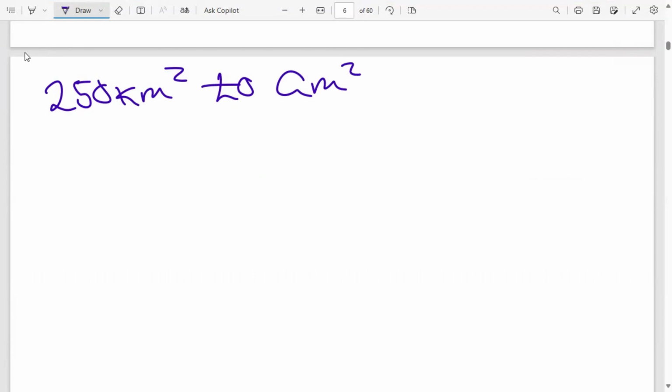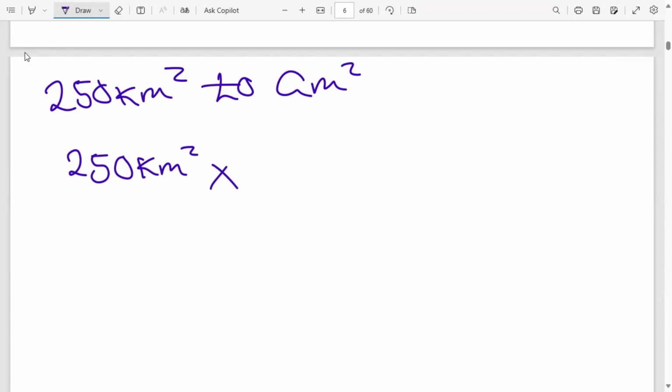Whenever we're converting units with squares, we are supposed to just introduce a square on our original conversion factor. So I'll say 250 kilometer squared like that. And I'm going to multiply this by its conversion factor. And what is the conversion factor of kilometer to centimeter?